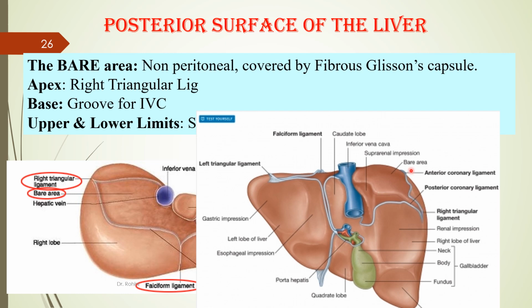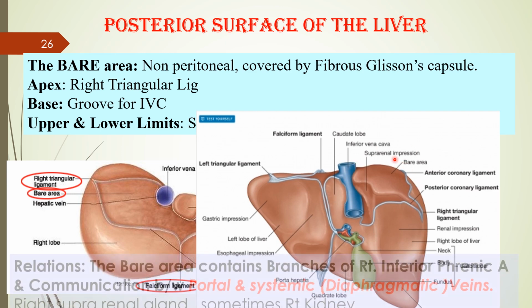It is towards the right, formed by the superior and inferior layers of coronary ligaments, ultimately forming the right triangular ligament. This is the superior layer of coronary ligament or anterior coronary ligament. This is the inferior or posterior coronary ligament. So above and below, the upper and lower limits will be formed by the anterior and posterior, or superior and inferior coronary ligaments. Apex is the right triangular ligament, base is formed by the groove for inferior vena cava.